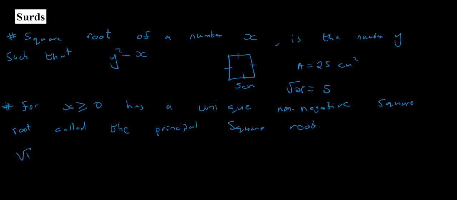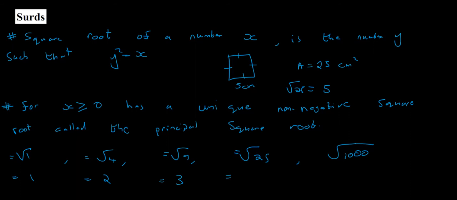So for example, the square root of 1, square root of 4, square root of 9, square root of 25, square root of 100 has a principal square root of 1, 2, 3, 5, and 10. But of course, from the previous example, we know that the negatives of those numbers also give the number at the bottom.